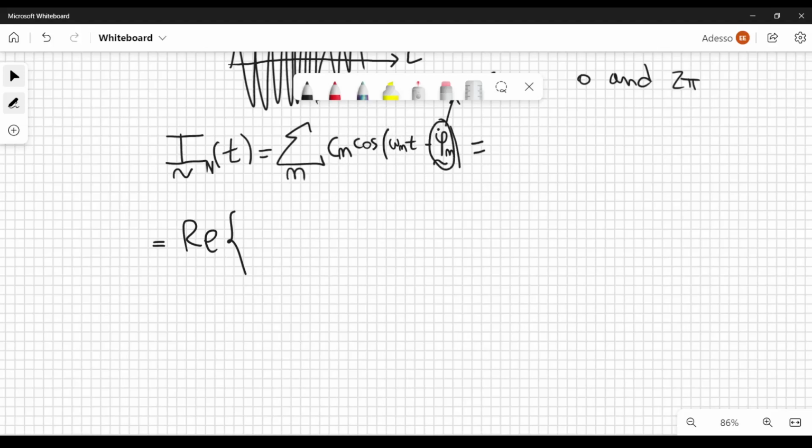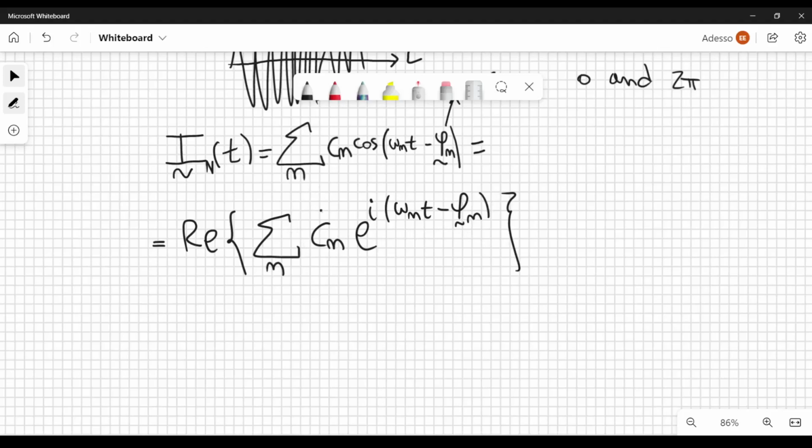So the phases are random numbers, but they are still real numbers. And now, if I take the real part of the sum, with c sub n, and instead of the cosine, I put the complex exponential e to the i, omega sub n t minus phi sub n.